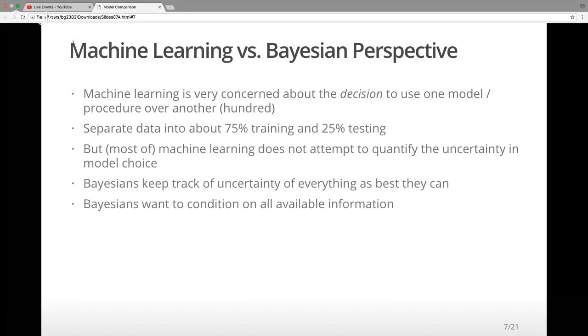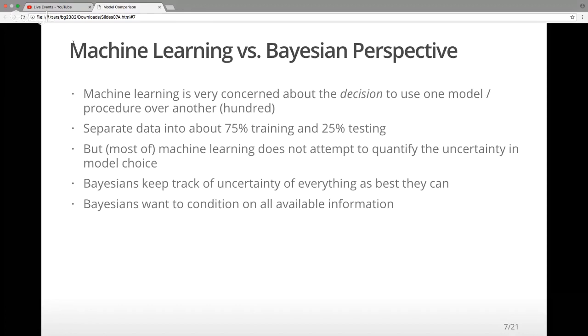In general, supervised learning and machine learning are very concerned about the decision to use one model or procedure over another, or over 100 different ways that you could possibly obtain predictions from the model.